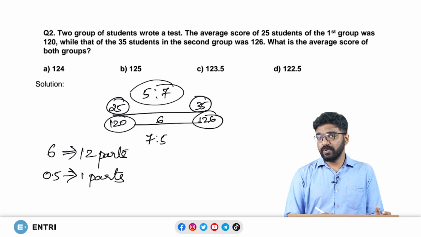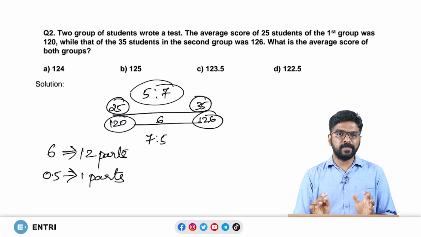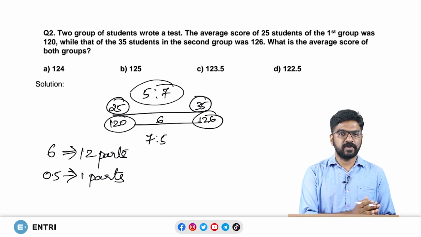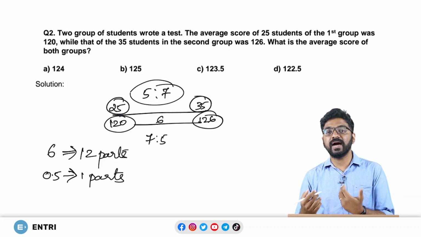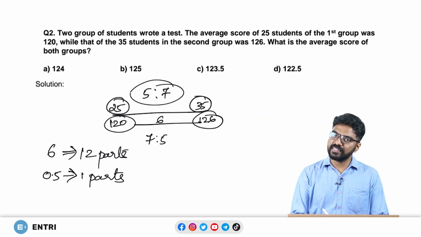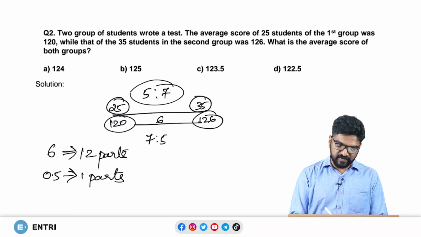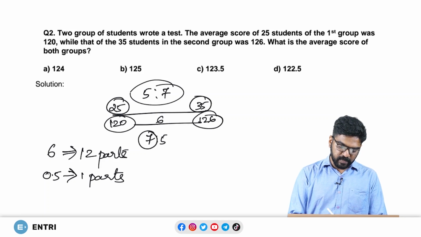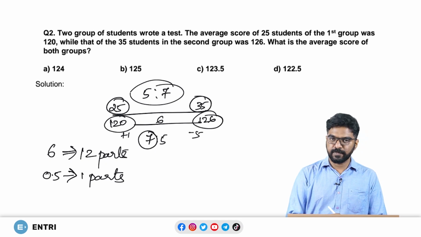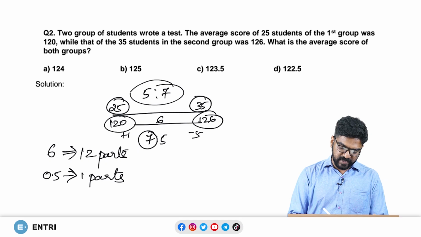As we already know, the average of any group of values will not be lesser than the least value, or higher than the largest value. So look here, I have 126 on the higher side and 120 on the lower side. The resultant average will be 7 parts more than this or 5 parts less than that value. One part is equal to 0.5. So what will be 7 parts?